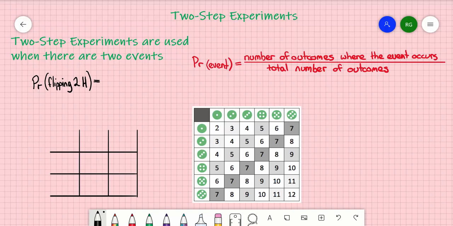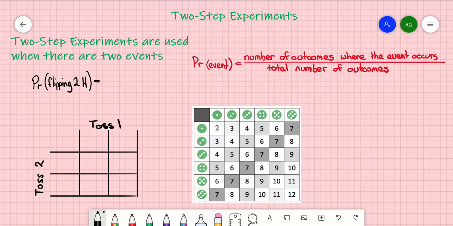So how many times do we get a head and then another head, divided by the total number of outcomes. So how many different possibilities could we get? So we draw a table because for some of these, they can be quite difficult.